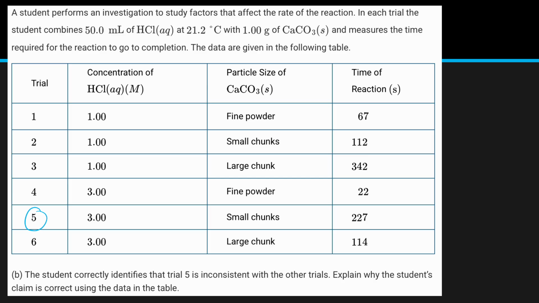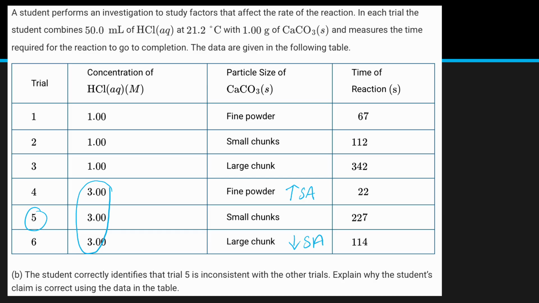So looking at my concentration, I'm going to start there because that's my first column. I have experiments 4, 5, and 6 having the same concentration. So I'm just going to compare particle size and time to make sure that all those line up. I know that my fine powder has the highest amount of surface area and my large chunks have the lowest amount of surface area.